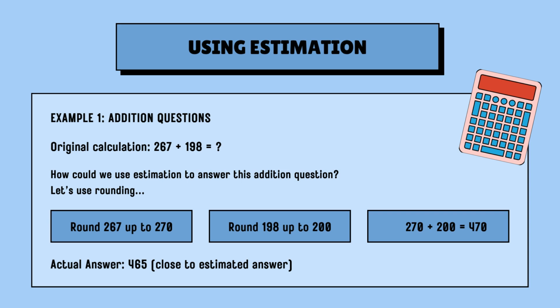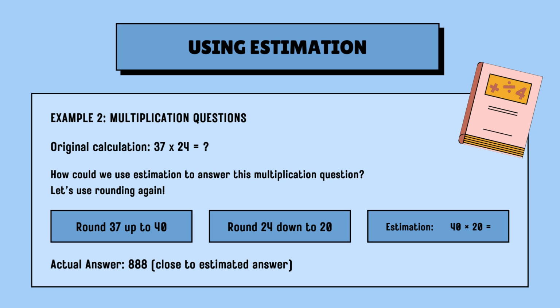You can round 267 up to 270, and you can round 198 up to 200. So your answer will more or less be 270 plus 200, which gives you 470. Your actual answer is 465, but your estimated answer is 470. Do you see how close those two answers are? So by estimation, you can guess what the answer is going to be, more or less.